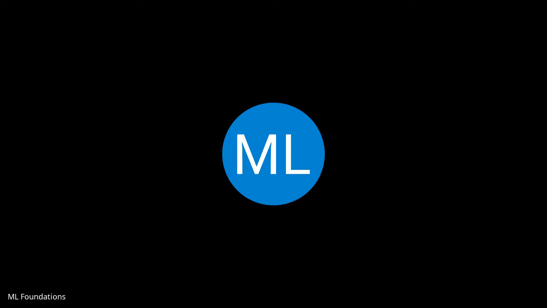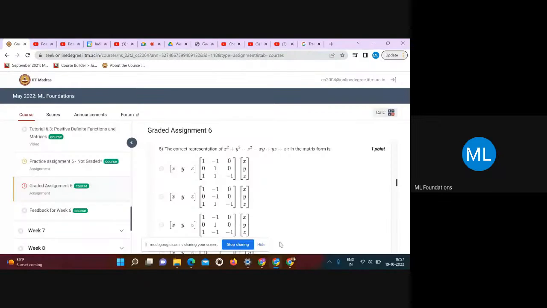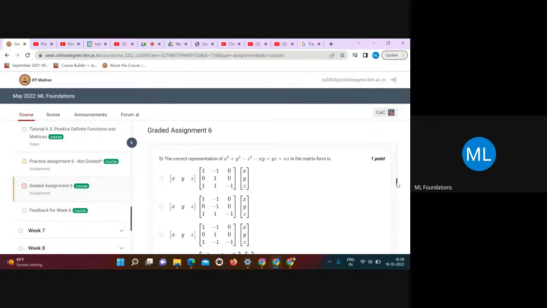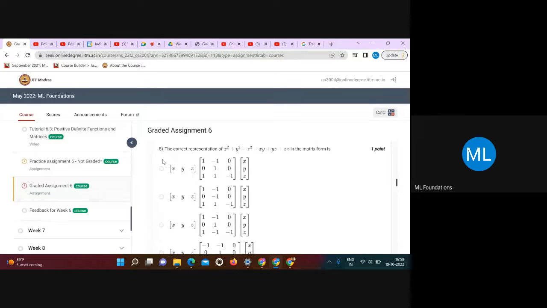What you can do is look at some of the values. This is the fifth question.